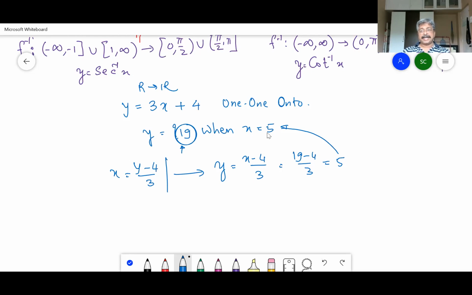If I put x, I get back x by operating this function followed by f inverse. So if I do this operation, I end up going back to the original.